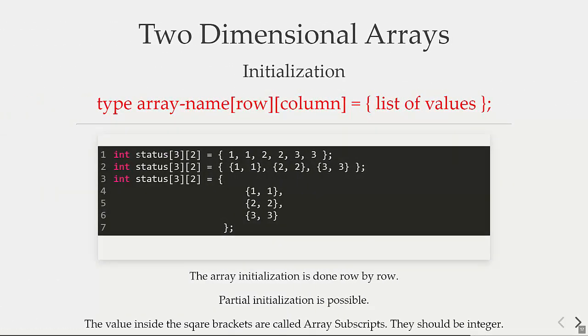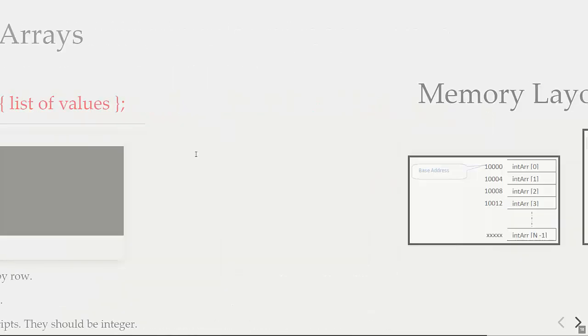In this case, I have mentioned that the size of the array is 3 cross 2, so I'm doing static memory allocation. There is another way of allocating memory called dynamic memory allocation, which is a much more advanced topic. We are not covering it in this lecture, but we may cover it in future lectures.